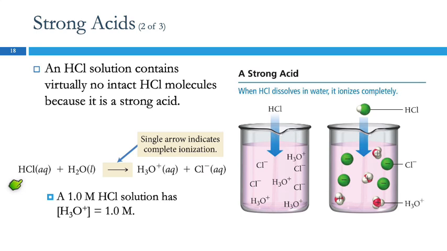When we write the chemical reaction for HCl with H2O, we use a single arrow. The single arrow indicates that this reaction goes in the forward direction to completion, doesn't go backwards, okay?